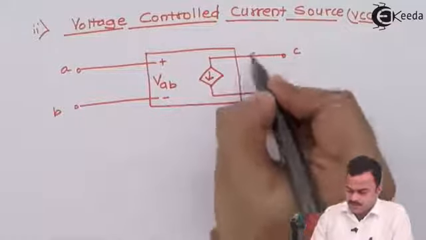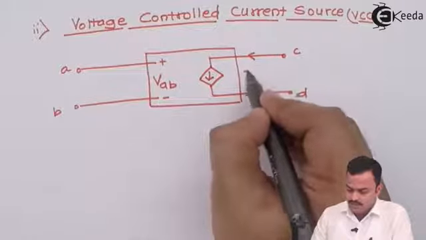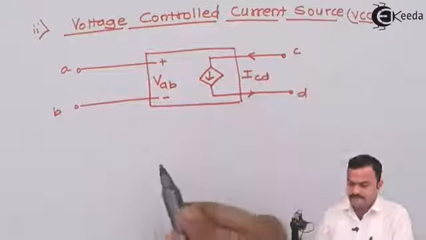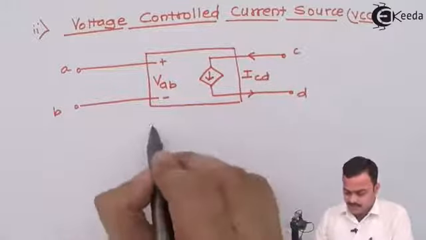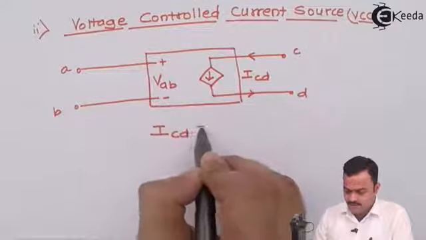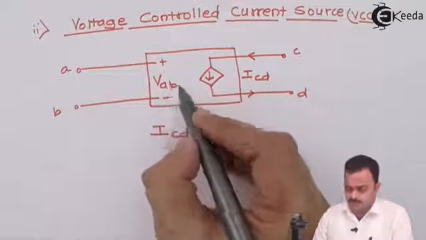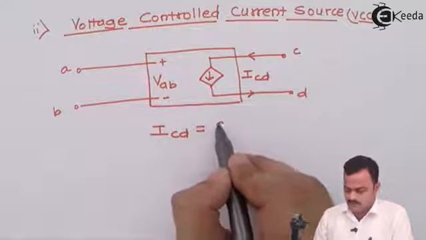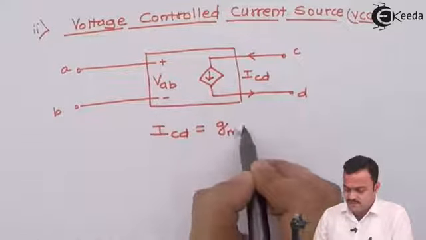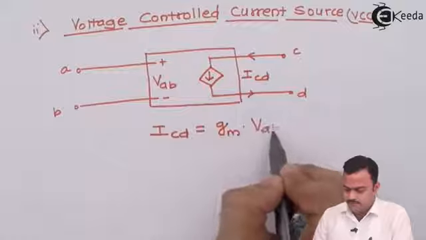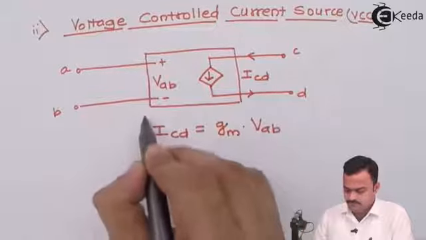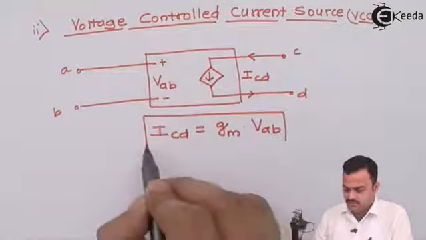So this is a current which is nothing but ICD, and I can say this ICD depends on this voltage. So I can call this gm into VAB, where gm is a constant.